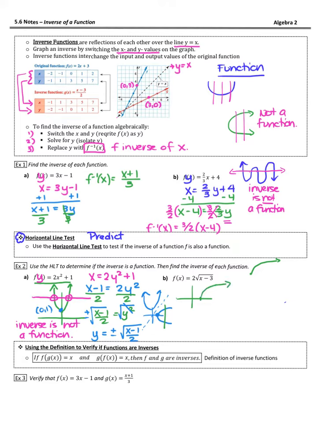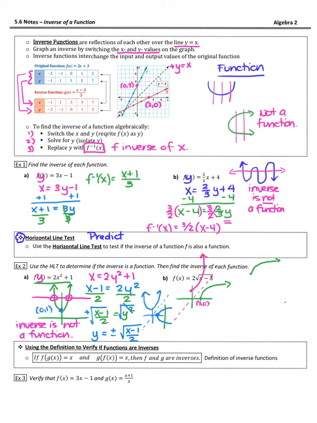And notice, this one does pass the horizontal line test, so we do know its inverse will also be a function. So let's look at what that inverse would look like. If I had y equals x here, and this is the point (3, 0), so (0, 3) would be here, this function would look like this.